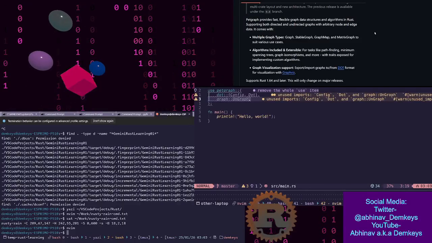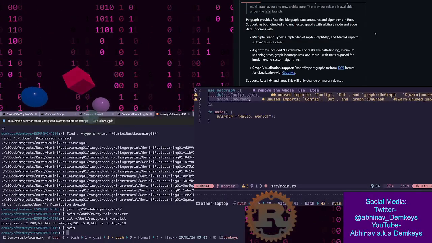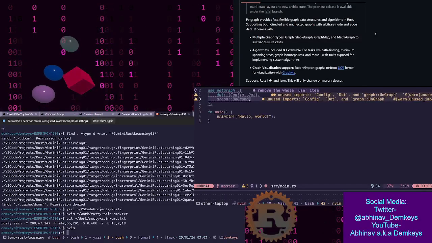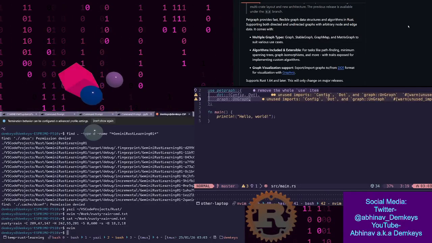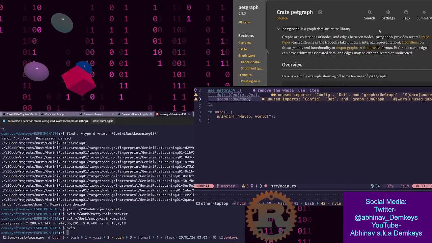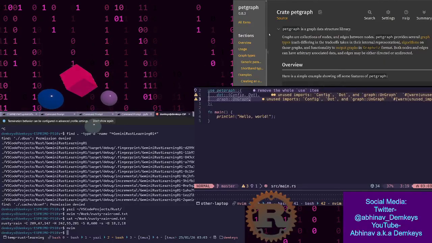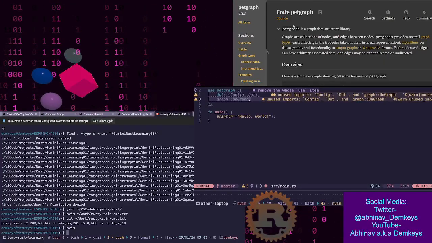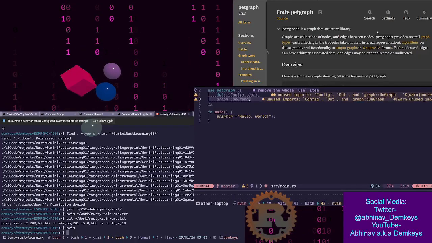The idea with petgraph is that it gives you the ability to create these various different types of graphs. It also gives you a list of algorithms that allow you to traverse the graph. Based on what this says here, petgraph is a graph structure library. Graphs are collections of nodes and edges between nodes.